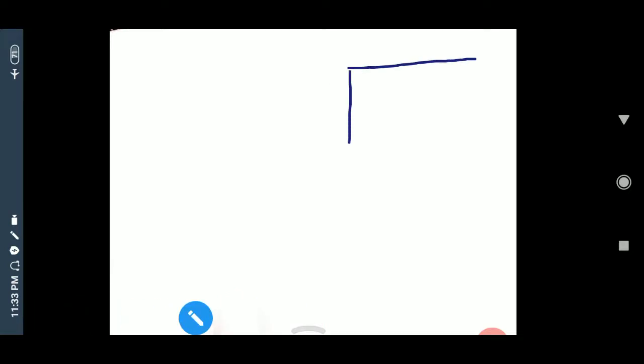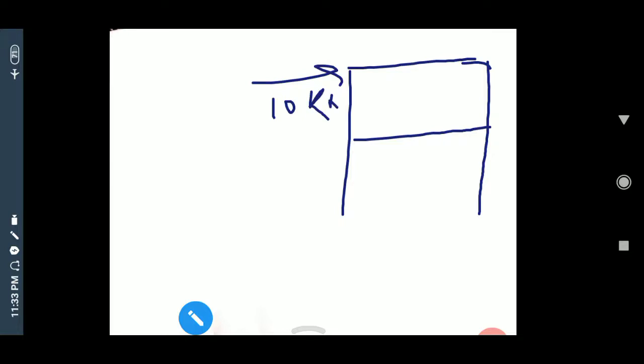If we draw the free body diagram of the upper part, then it looks like this. Here 10 kilonewton is acting, here also 10 kilonewton is acting. We have cut the section along this part.